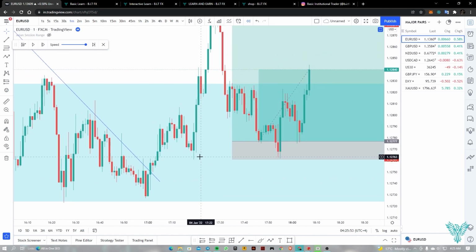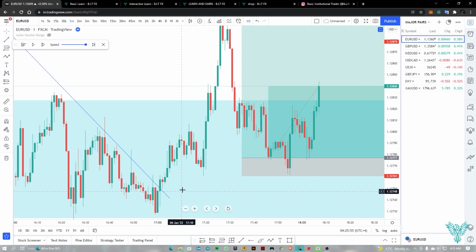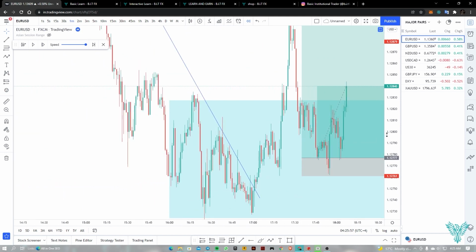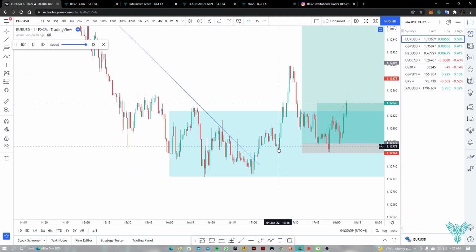Firstly, there is nothing non-mitigated over here. Secondly, this was the impulse point, this was the order block responsible for this aggressive push to break all of these market structures. If this high was broken, this high was broken, all of these areas were broken, such a strong order block should hold and should be the only option to hold.